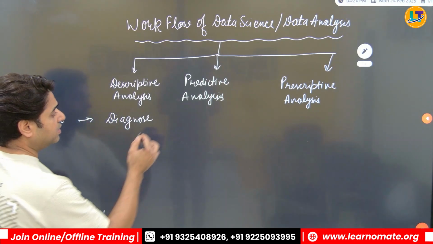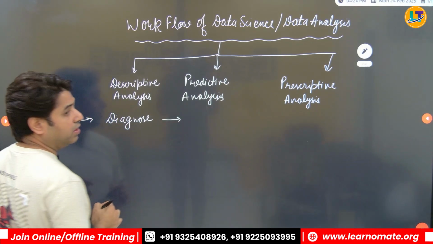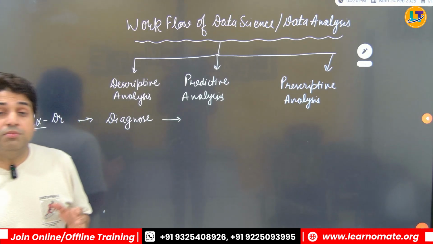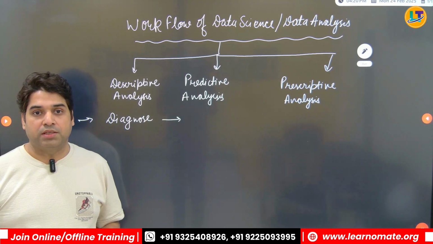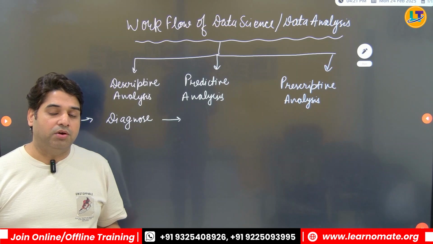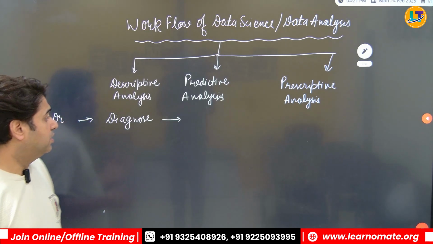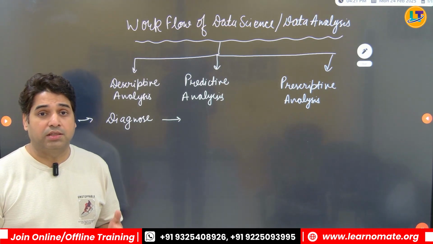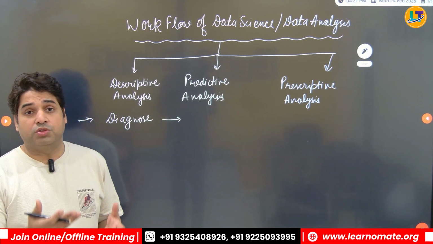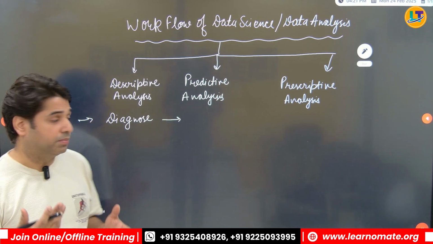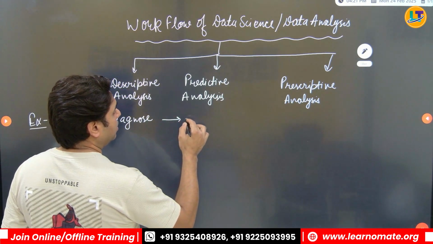Now, what will be the second step? On the basis of the diagnosis, he will predict something. What is happening inside your body, and on the basis of that, he will predict any problem you can have in the future, any major problem. That is called prognosis.